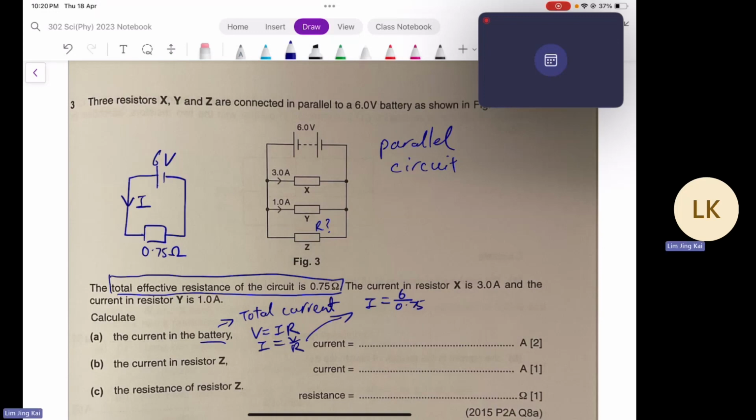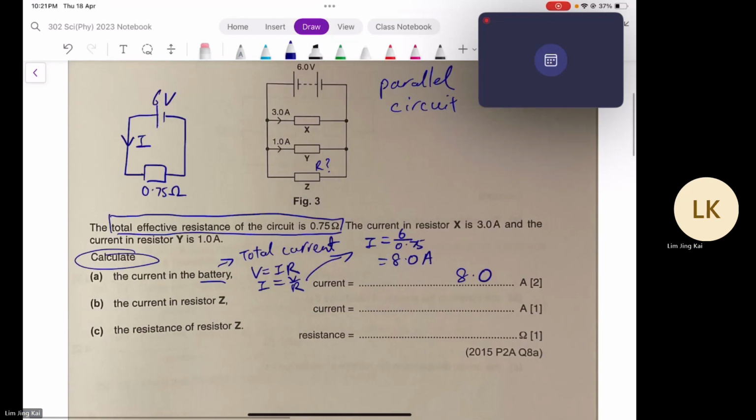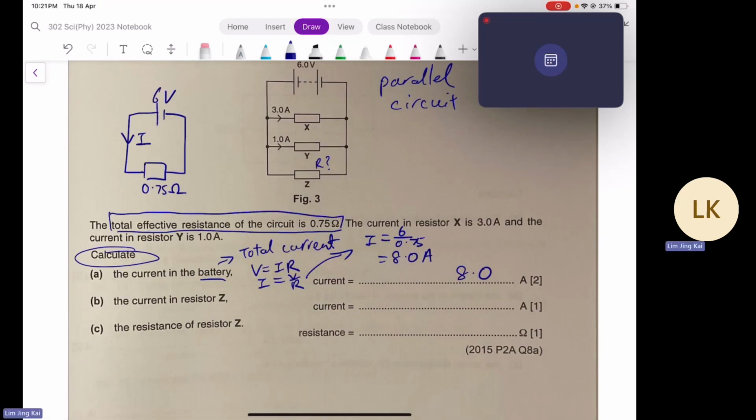If you do it correctly, you should be able to get the value of 8 amperes. This is worth 2 marks. Remember, you still have to present your working because of the word calculate here. That's why I'm presenting over there.